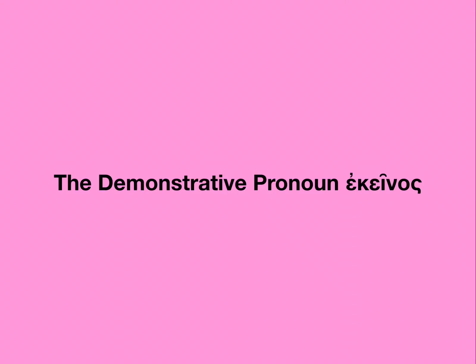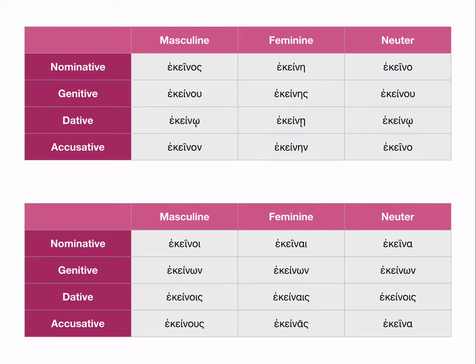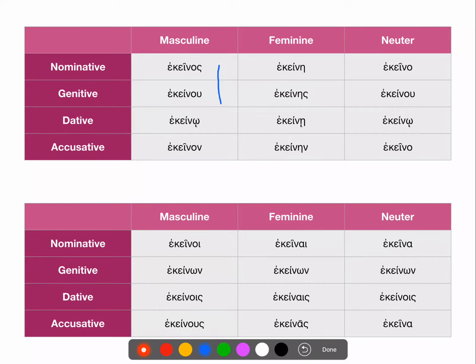Okay, let's now just talk about the demonstrative adjective and pronoun ἐκεῖνος. Here are all the forms, and you'll see that the masculine, you know all those endings. It looks just like logos. The feminine, just like techne, with the exception, remember, the genitive plural of techne, and in fact, the genitives plural of all first declension nouns have a circumflex over the omega.